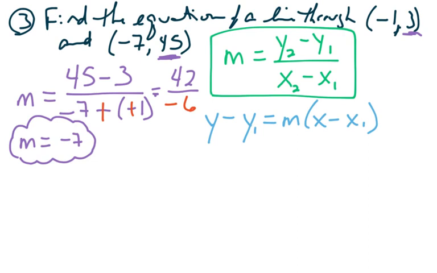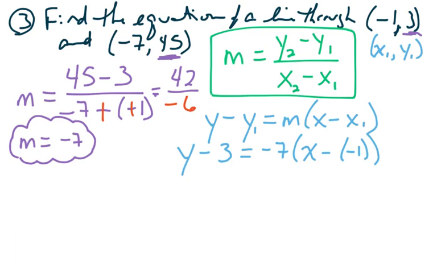Remember, the first variables, x and y, are the ones that stay x and y. It's the second ones with the little ones that represent the point that was given to us. So we have y minus my y value of 3 is equal to the slope, which we solved for, of negative 7, times the quantity of x minus my x value, which is a negative 1.